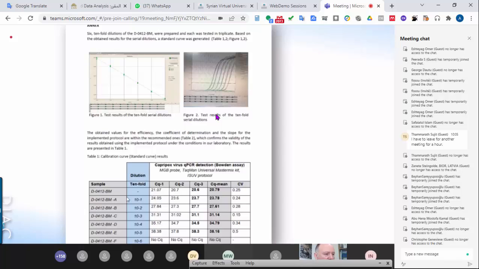You see all samples are done in triplicates. And here, as you can see in this table, we reach the dilution 10 to minus 5 from the original sample to be the last dilution in which we have all 3 samples positive. So the next dilution step already we don't have any positive signal.